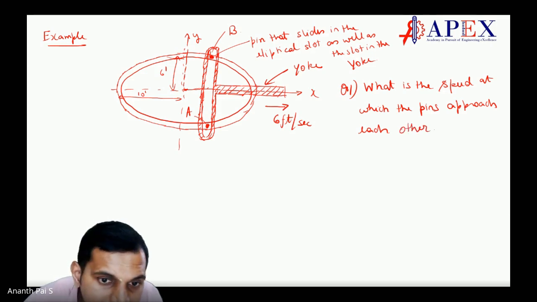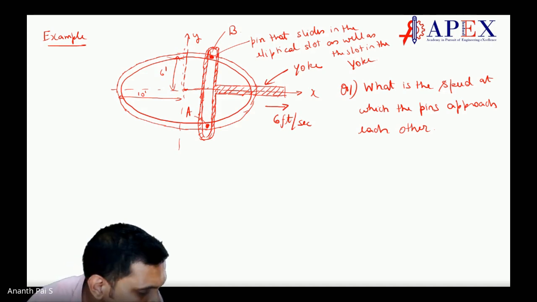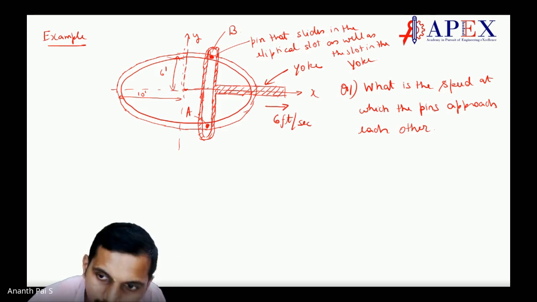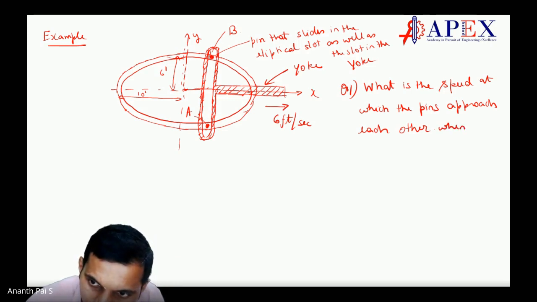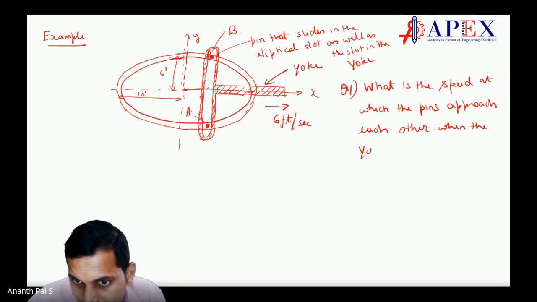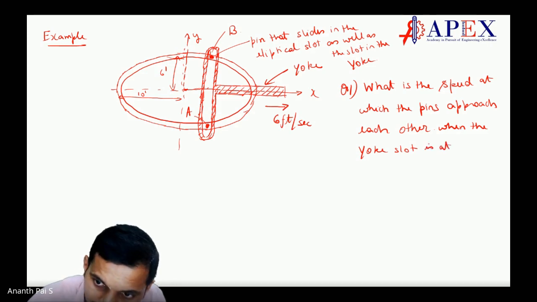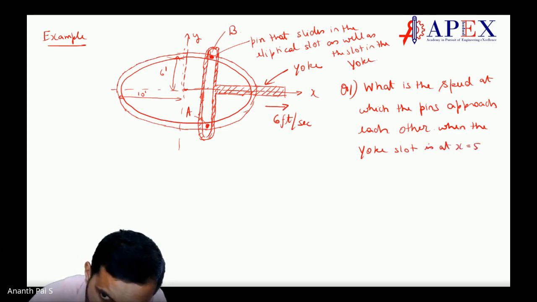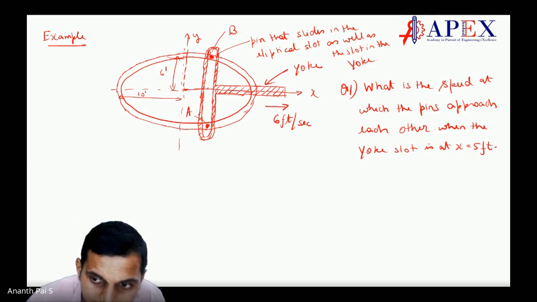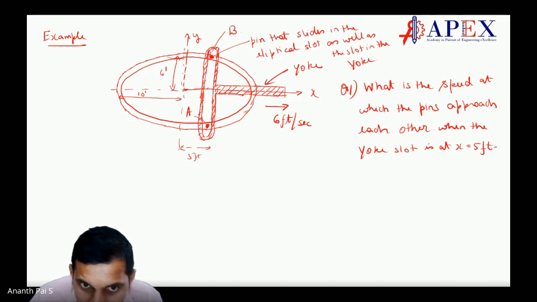If I'm sitting at A, how fast is B coming near me? That is the question. When the yoke slot is at x equal to 5 feet, what is the speed with which it is coming?